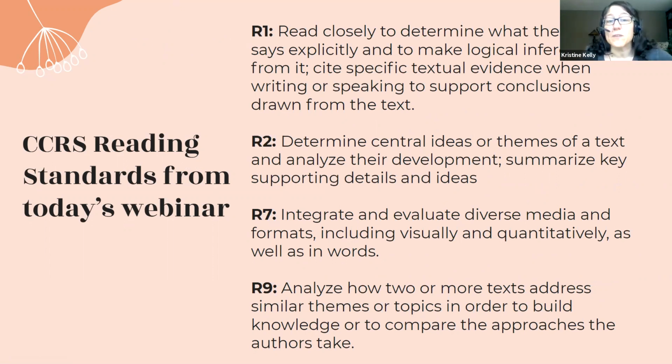Reading anchor 7, which is integrating and evaluating diverse media and formats, both print into visual and visual into print. And then reading anchor 9, which asks students to compare 2 or more texts on similar themes. These are really the 4 that we're going to be talking about today.